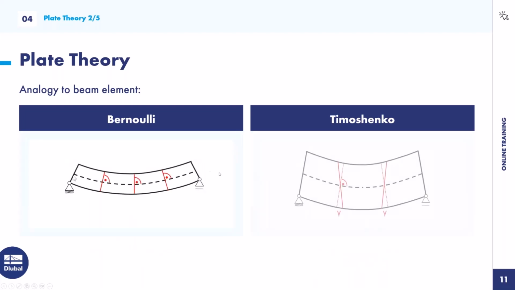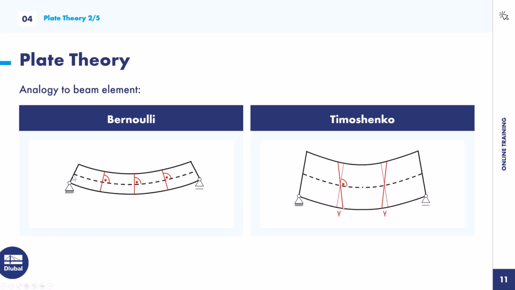We can also look at it here. That means for Bernoulli, we have this middle axis and the section cut perpendicular to the middle axis. And for the Timoshenko beam, there's an additional shear angle.